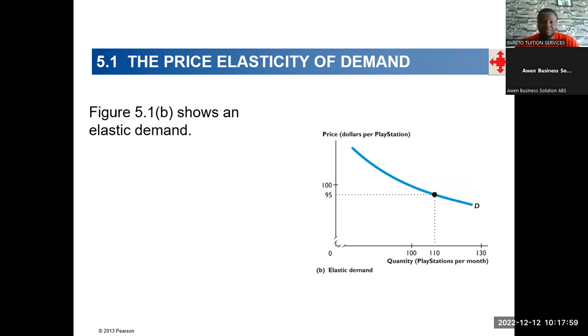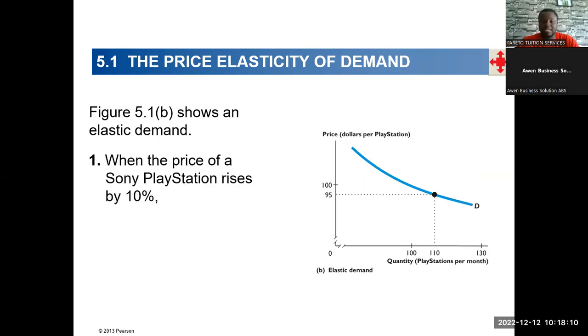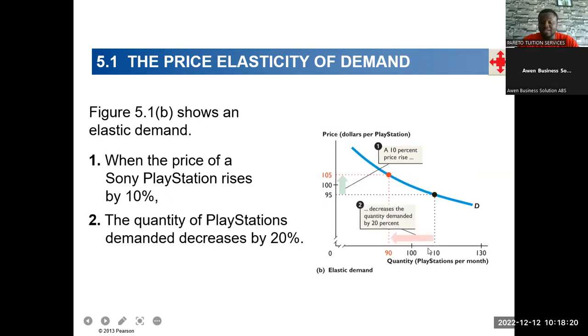And then we look at an elastic demand. Here initially price was 95 and quantity demanded was 110. Now, assuming price increases from 95 to 105, we'll have a 10% increase in price. Look at the decrease in quantity from 110 to 90, that is 20%.